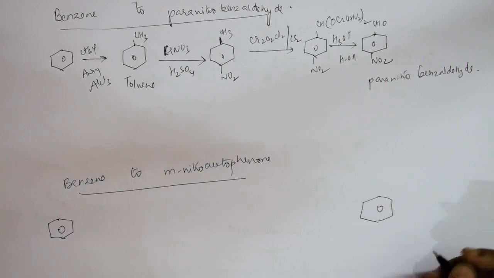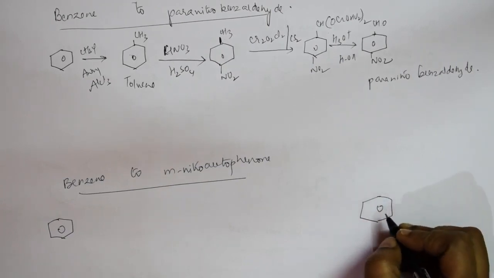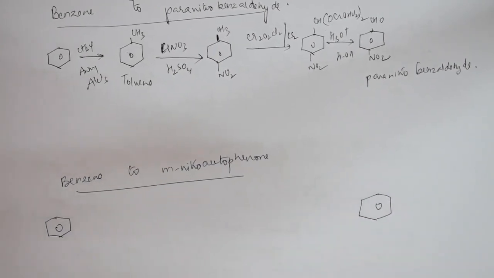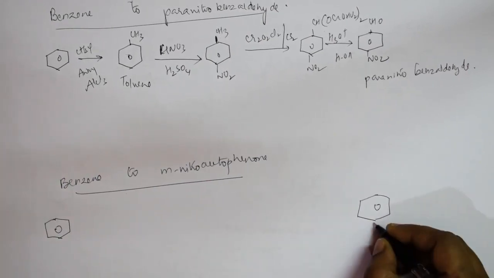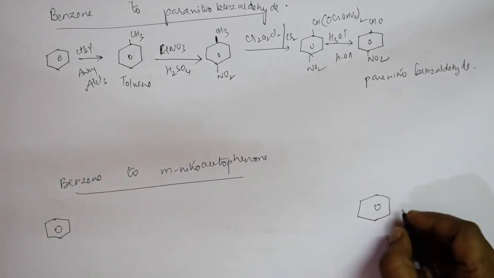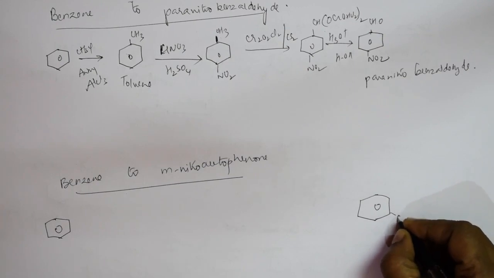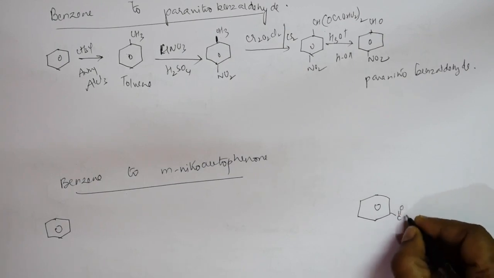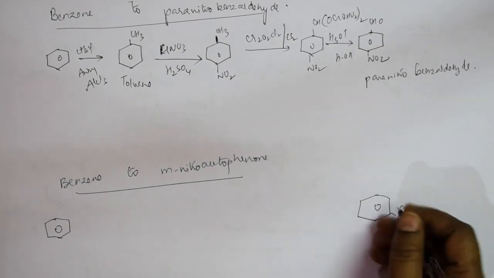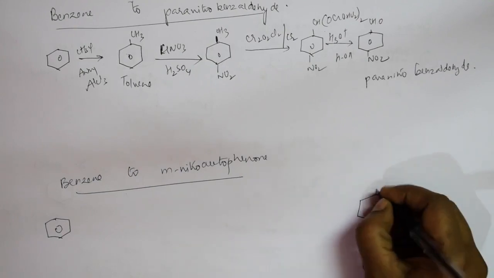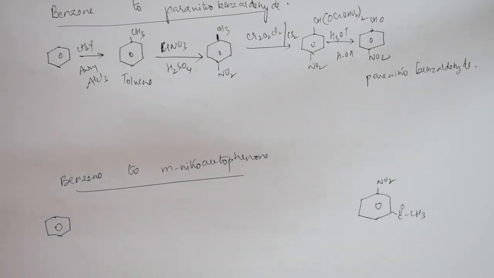They said meta-nitroacetophenone. Let us write acetophenone. Acetophenone formula is COCH3. This is acetophenone. If I take meta to that group, meta-nitroacetophenone.